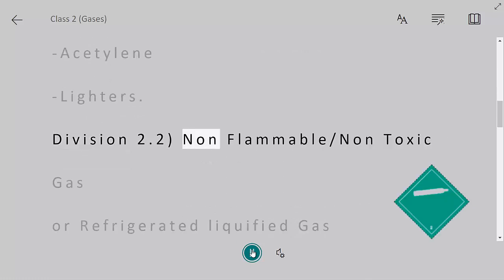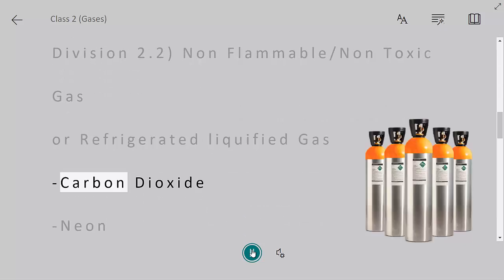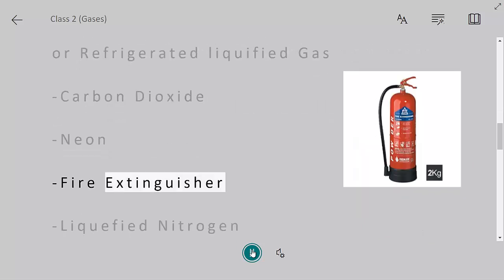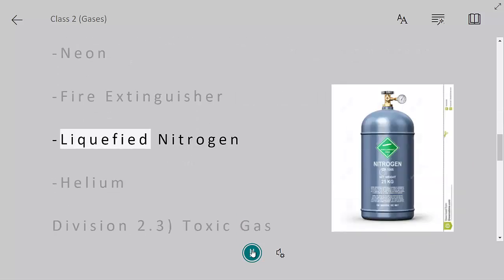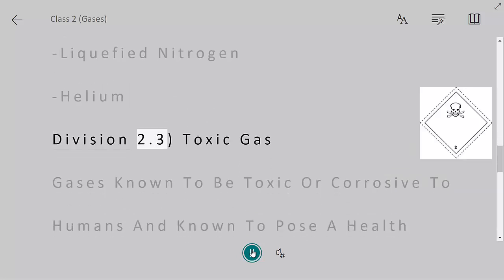Division 2.2, non-flammable, non-toxic gas, or refrigerated liquefied gas: carbon dioxide, neon, fire extinguisher, liquefied nitrogen, helium. Division 2.3, toxic gas.